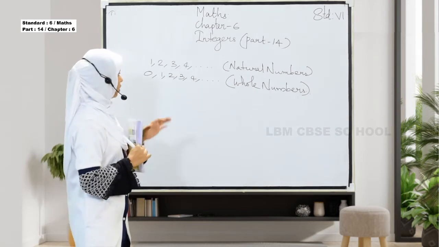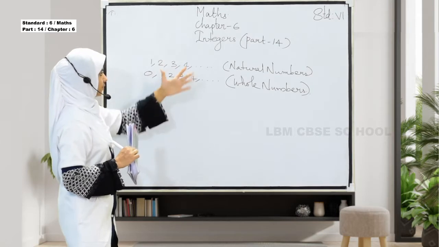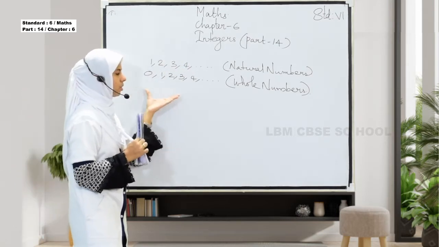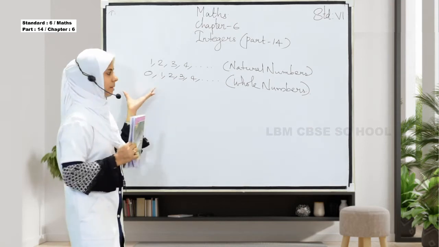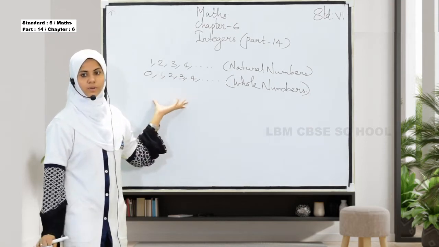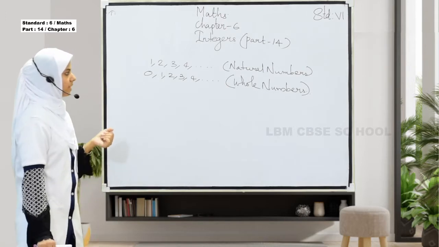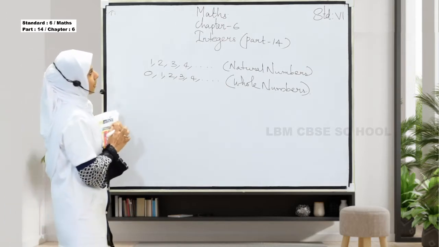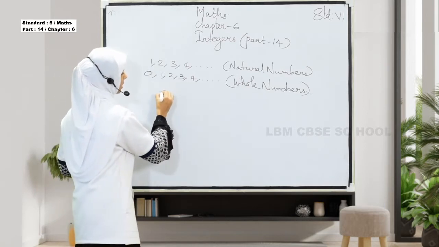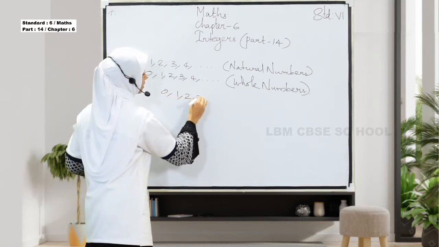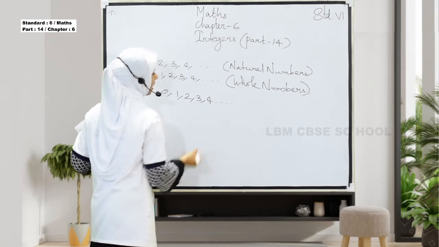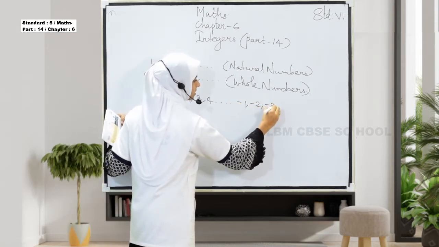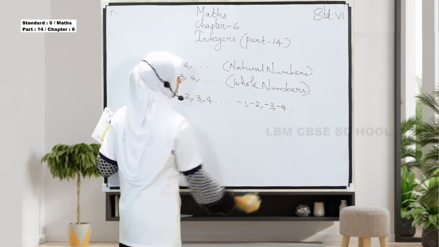We already know the numbers 1, 2, 3, 4, etc. And then when we studied about whole numbers, we know about 0 also. Including 0, we get whole numbers. Then we are moving to know what is integers. Integers are the collection of numbers 0, 1, 2, 3, 4, etc. and including -1, -2, -3, -4, etc.